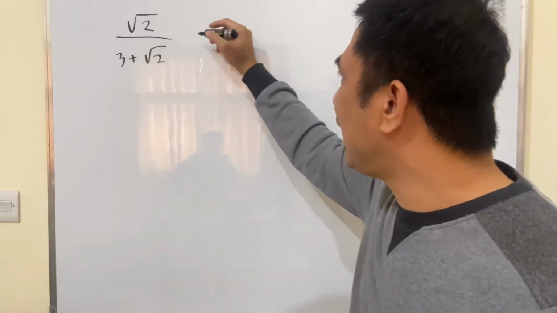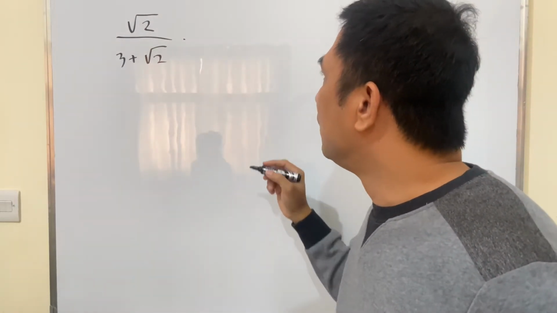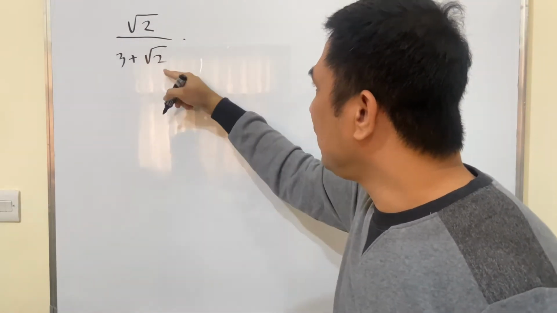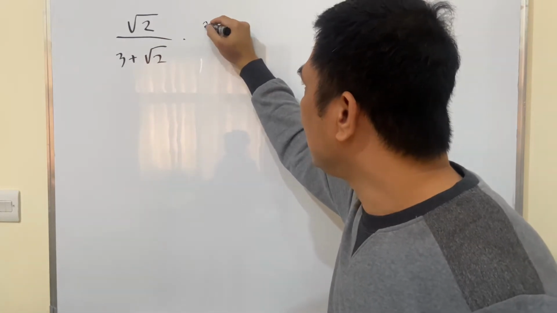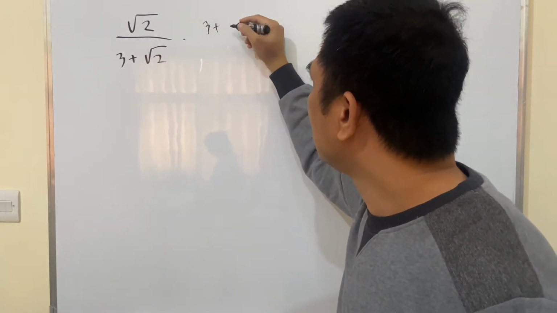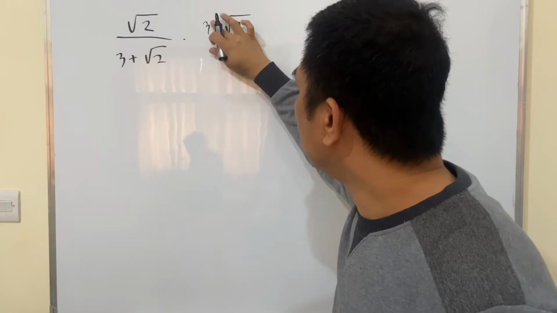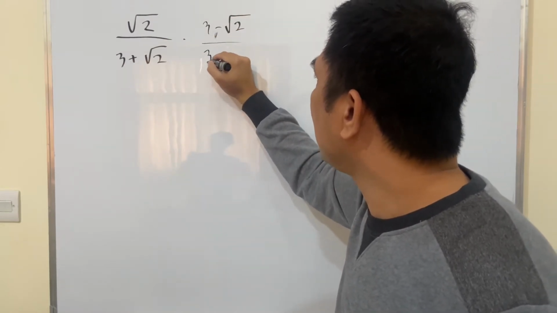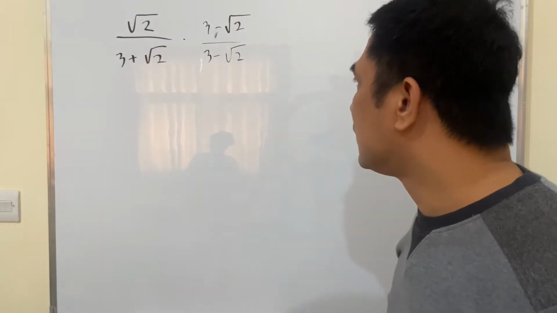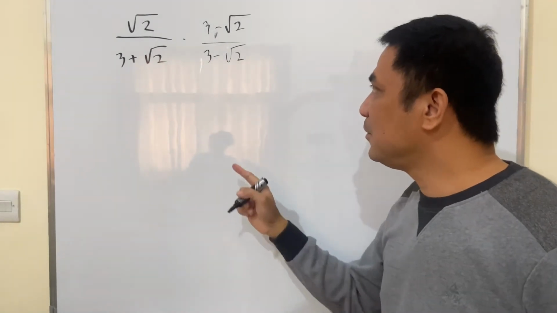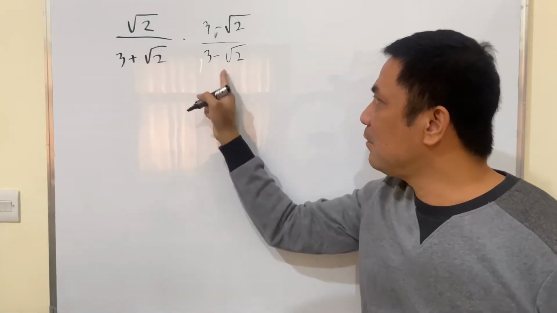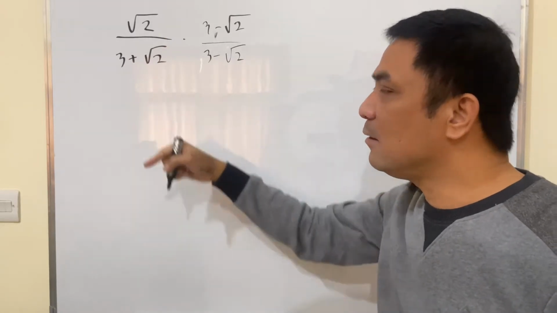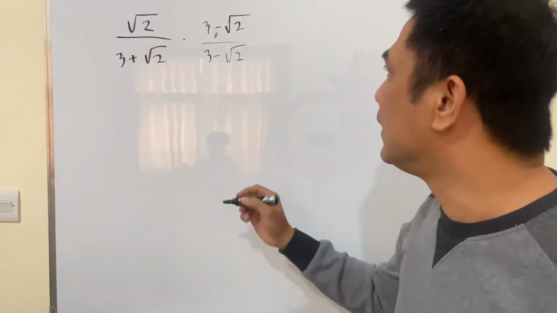So we multiply both numerator and denominator by the quantity 3 minus square root of 2. So why 3 minus square root of 2? So that we can have a sum and difference of 2 squares and we can get rid of the radical sign here. So let's try.